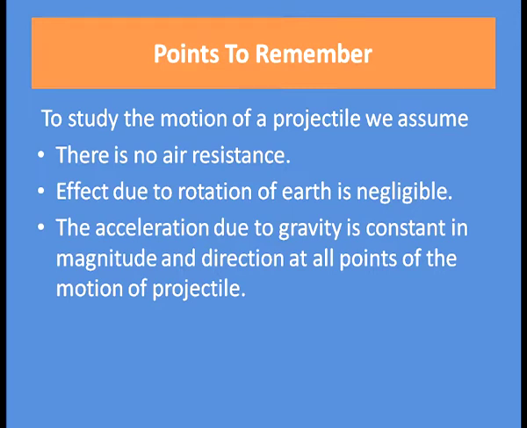Therefore, we have assumed that there is no air resistance. We have also assumed that the effect due to rotation of earth is negligible, and the acceleration due to gravity is constant in magnitude and direction at all points of the motion of the projectile.